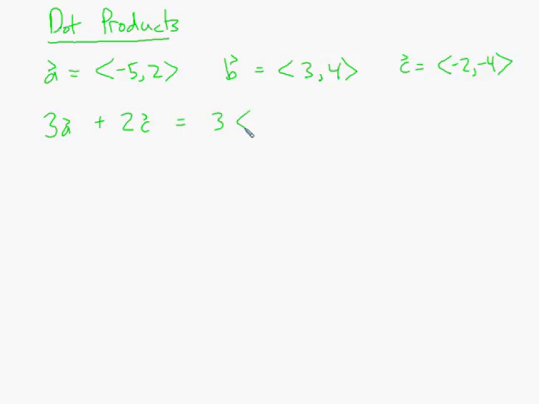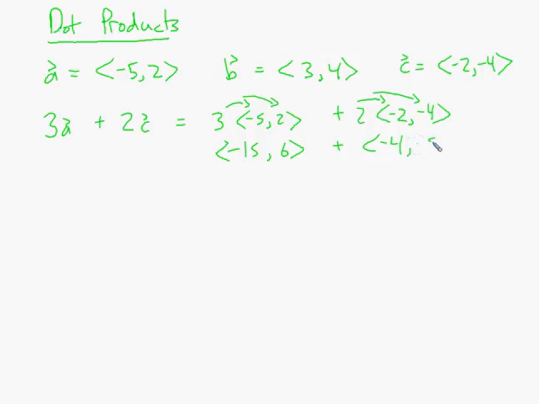I have 3 times vector A right here, plus 2 times my vector C. And then I would just go ahead and multiply that. So I get -15, 6, plus -4, -8. And then I combine those. So -19, -2. So that would be this sum.